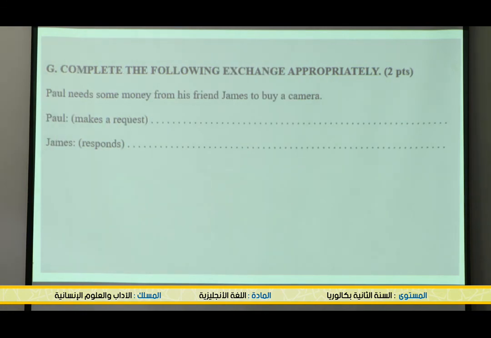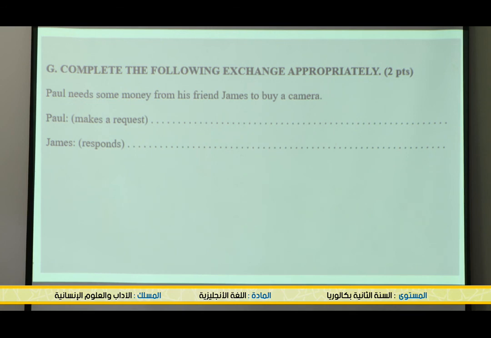Now, let's have a look at the last exercise. Exercise G. Complete the following exchange appropriately. So here you have to give an appropriate answer. So you can say anything. It just should be related to the context.